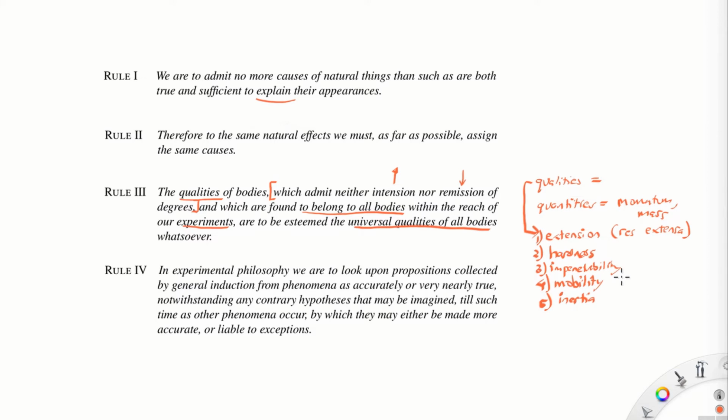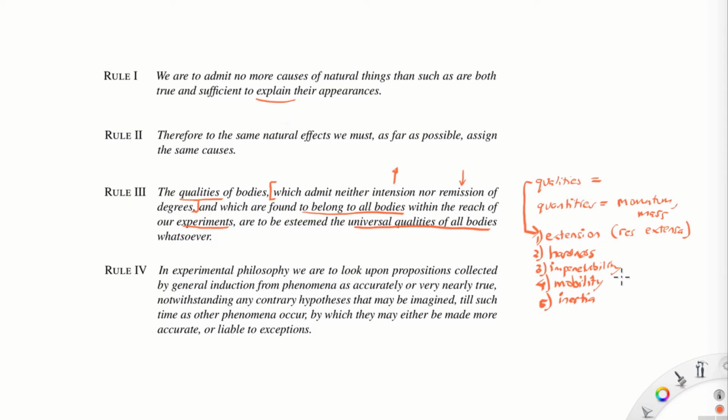Okay, now he says that the very fact that all objects that we see, all bodies we see, seem to have these qualities, we should generalize this and say they are universal qualities of all bodies whatsoever. Okay, so he goes on to say here also that we assume that the unseen parts of bodies too are hard and impenetrable and mobile, and they have inertia.